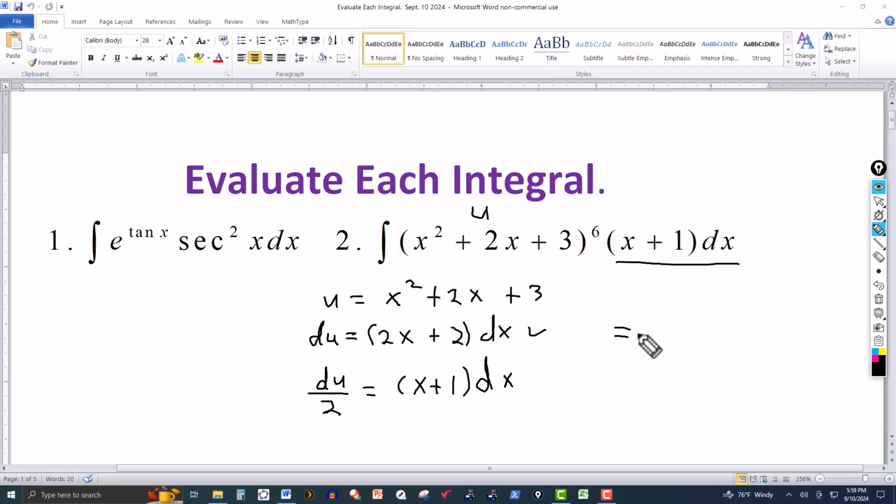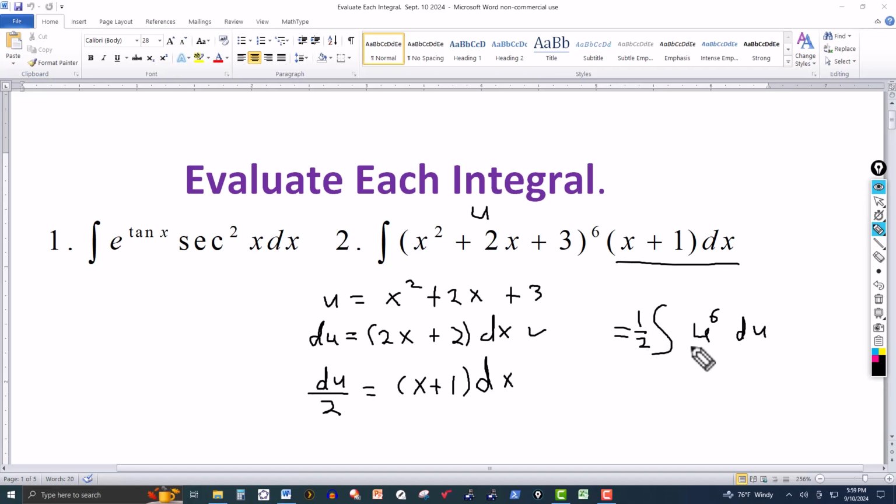This then becomes the integral of u to the 6th power, and then the x plus 1 dx is your du over 2, and I'll put the 1/2 out in front.